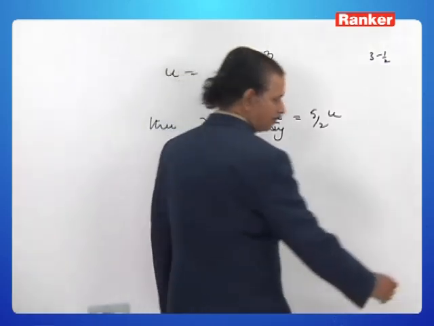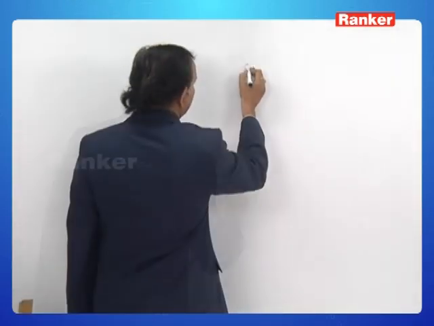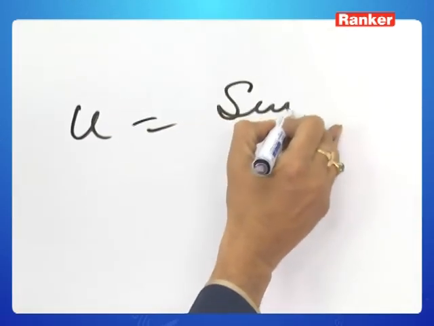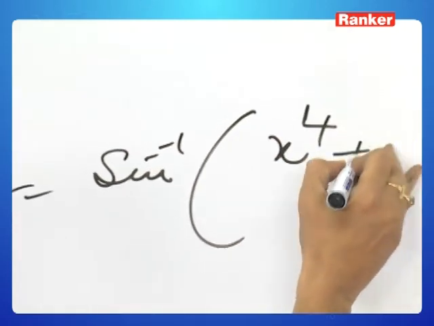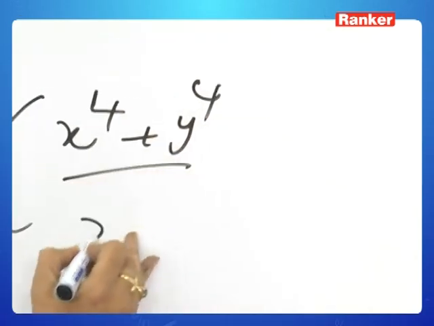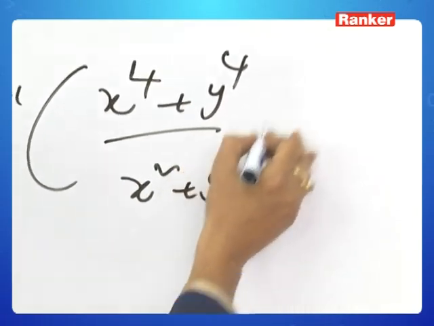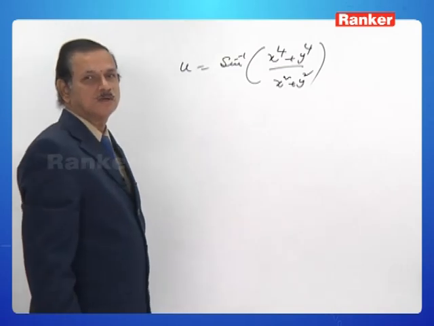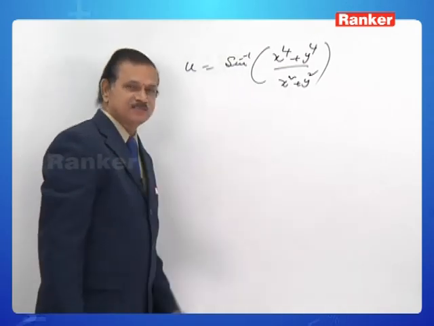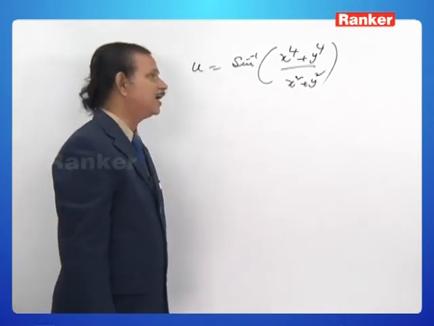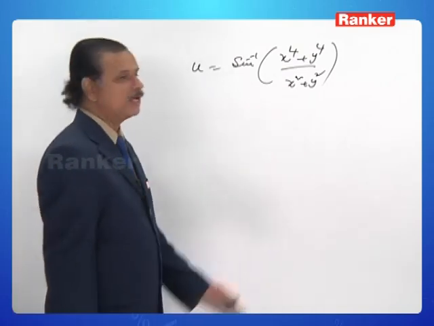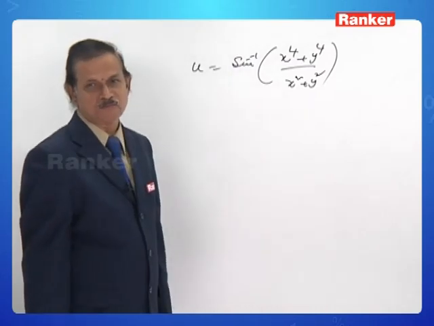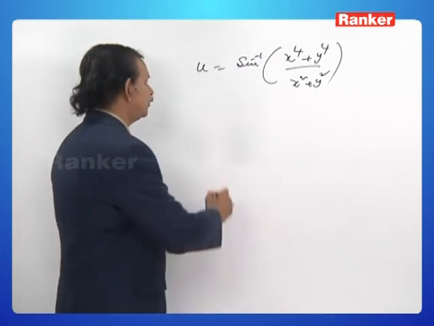Well, another application. Suppose u is equal to sine inverse of x power 4 plus y power 4 by x square plus y square. You cannot say that this is directly homogeneous, because even if you substitute lambda x and lambda y in the place of x and y, you cannot get lambda out of the sine inverse function. Therefore, you do one thing.